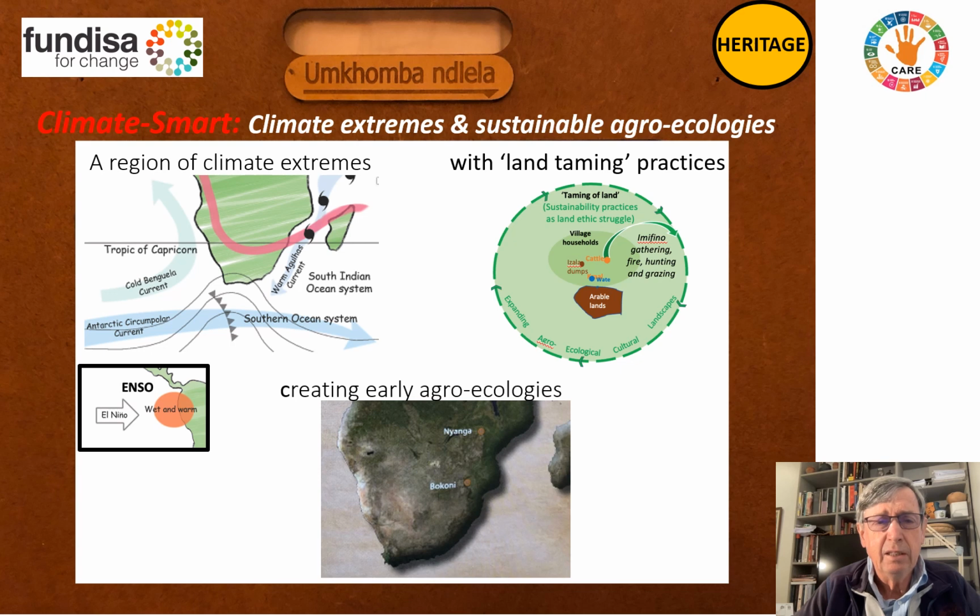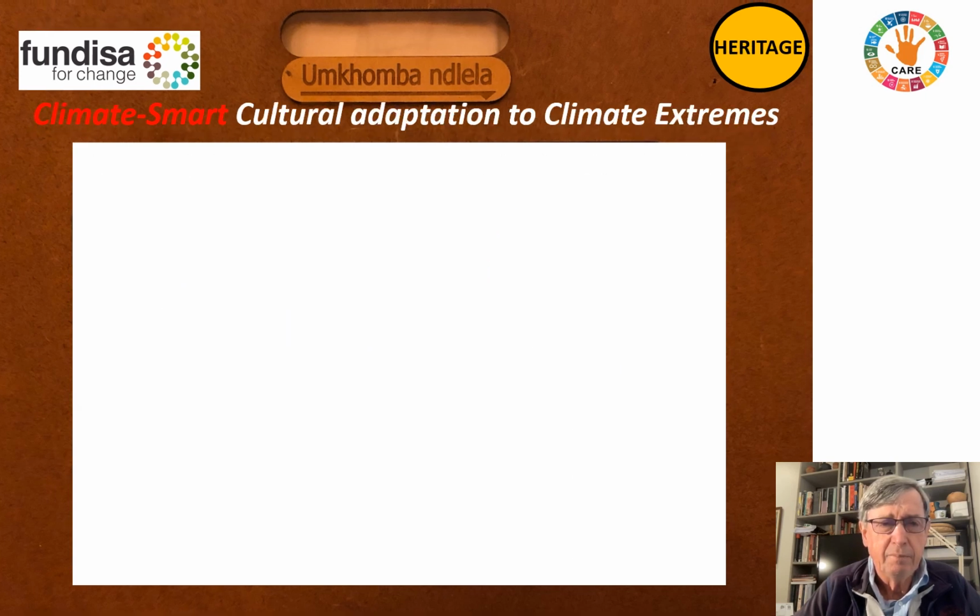of years. And the earliest agroecologies that we've now got evidence of from the anthropologists and archaeologists are the Nyanga and the Bokoni in Southern Africa. And this can be traced wider in the upland areas of central and southern Africa.